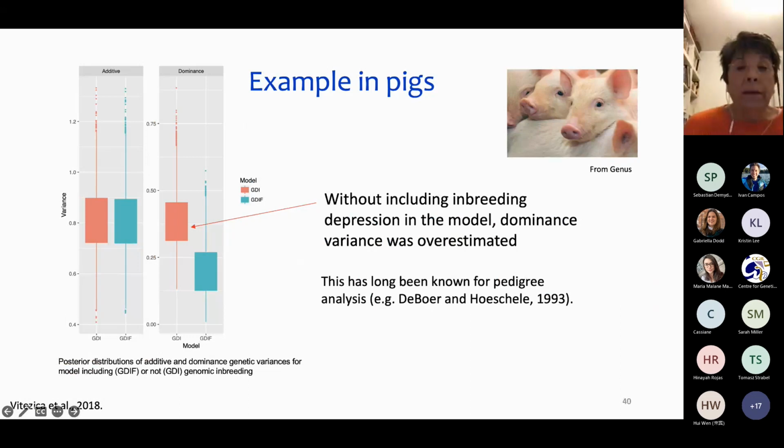You can see that if we don't include the genomic inbreeding, we have an overestimation of the dominance variance. That is not new, because in the paper by Boer and Hoeschele in 93, we had exactly the same result when the analyses were based on pedigrees.